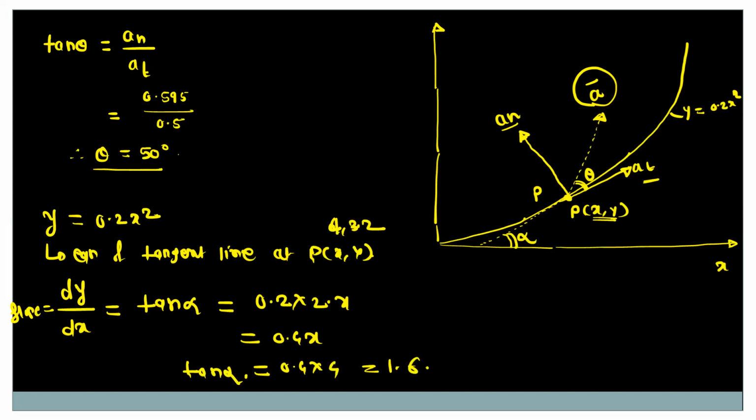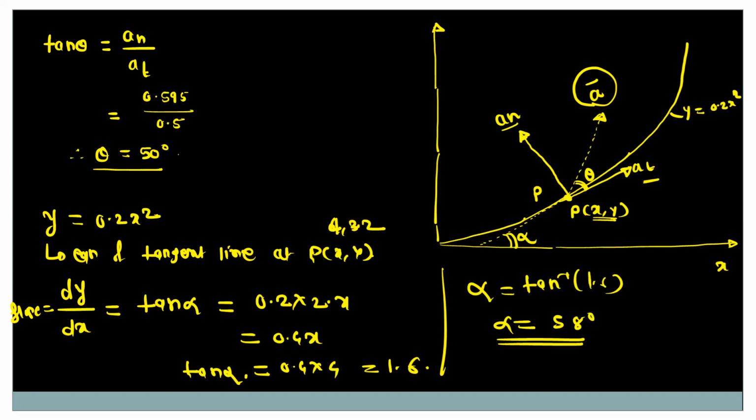And from this, we will get alpha is equal to tan inverse 1.6, and that is equal to 58 degree. Okay. So this is nothing but the angle of this line, which is tangent at point P to the curve y is equal to 0.2 x square. Okay.